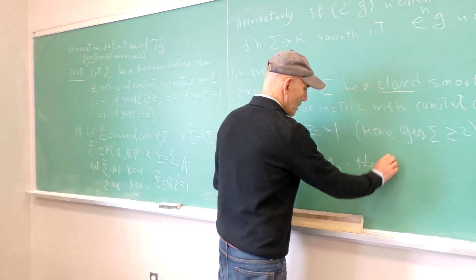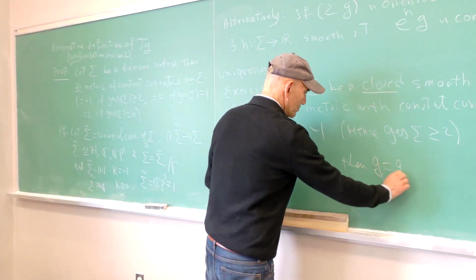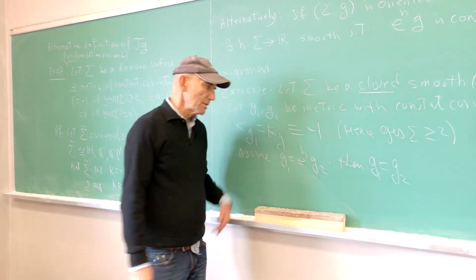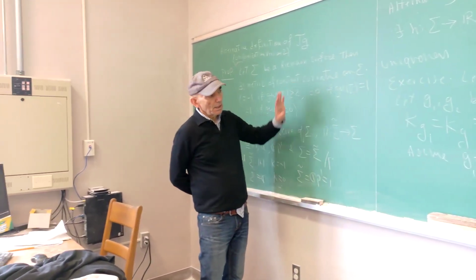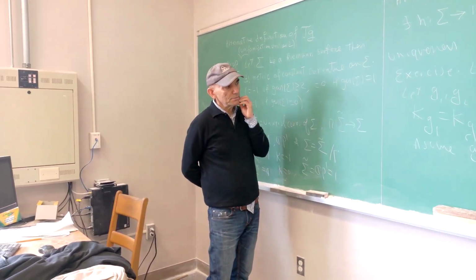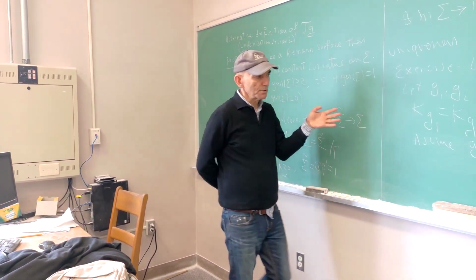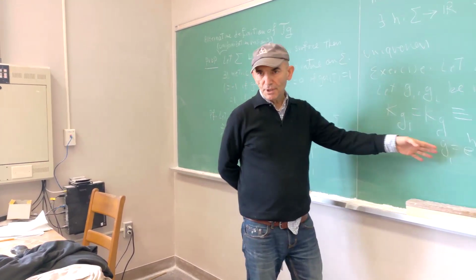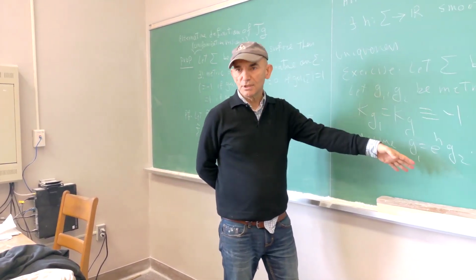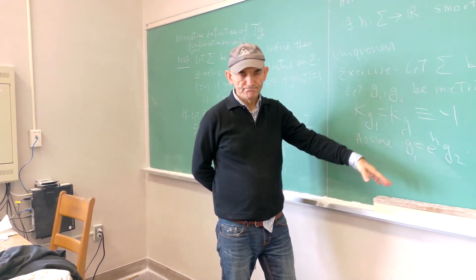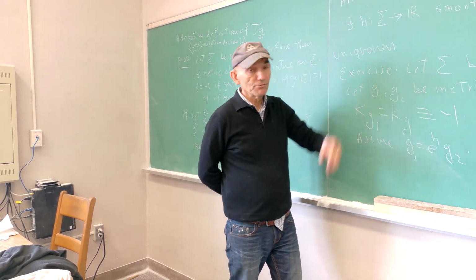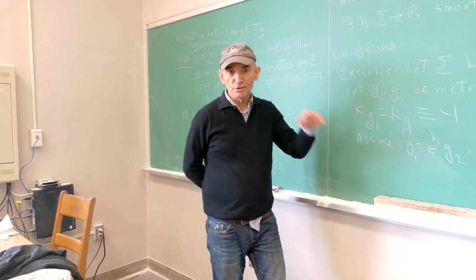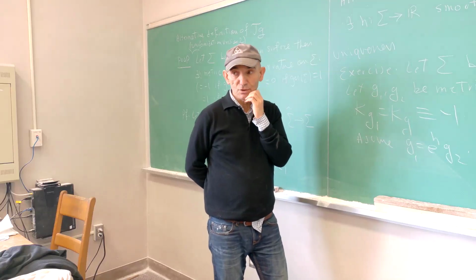So this is an important question related to the uniqueness here. If you have two metrics that are constant curvature -1 and they are conformally equivalent, then they are actually the same. But you need your manifold to be closed. If it is not closed, then it doesn't hold.